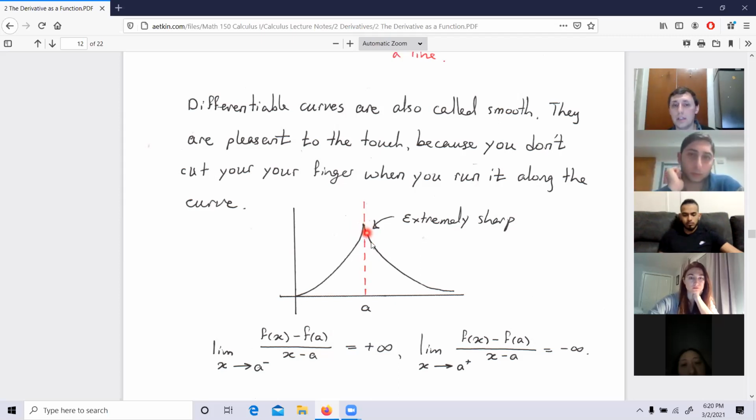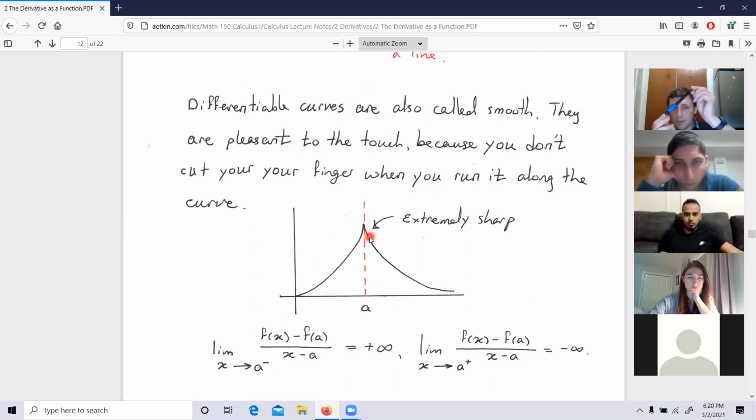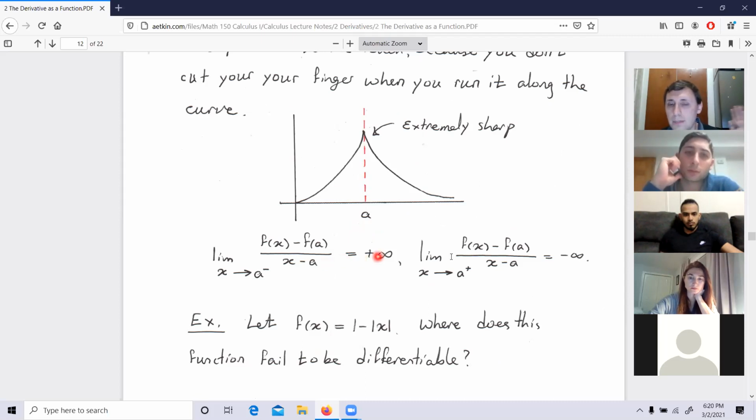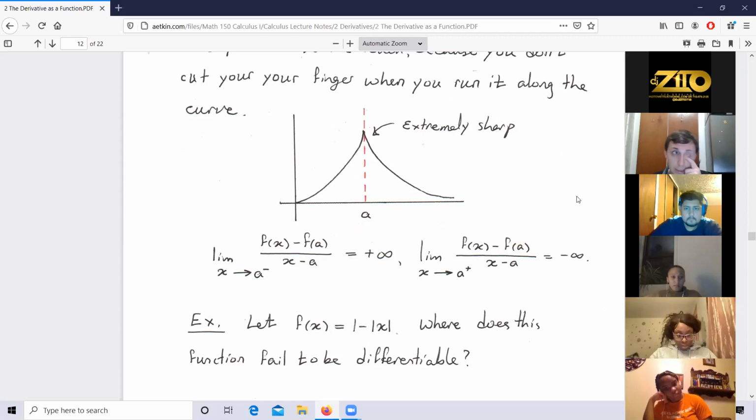In the other direction, if you select a point to the right and slide it closer to A, it now becomes a negative slope, so it gets to minus infinity. So here, the left hand is plus infinity, the right hand minus infinity. So neither left nor right limit exists. That's a much worse type of non-differentiability because it's neither left nor right differentiable. It's very sharp. Good?